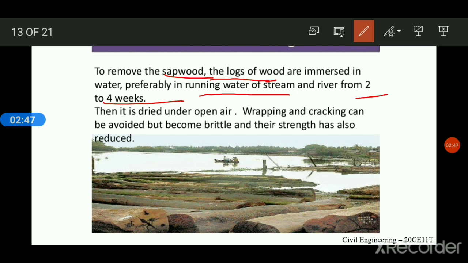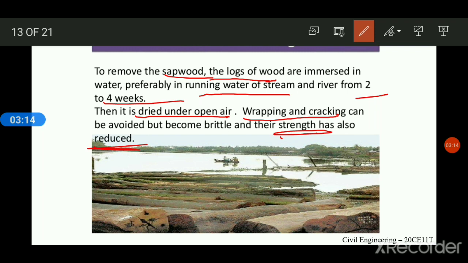After that, it is taken out from the water and dried in open air. So in water seasoning, warping and cracking can be avoided, but generally the wood becomes brittle, and also it reduces the strength.